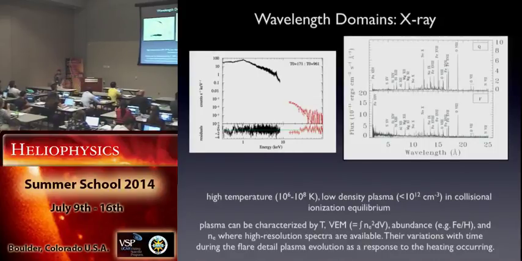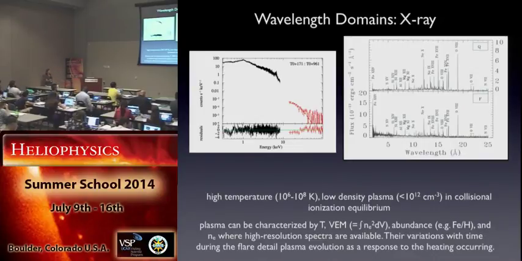In the X-ray, we see evidence during flares for very high temperature plasma that ranges from 10 to the 6, millions of degrees, to 100 million degrees. Relatively low density plasma that's described by a plasma that's in collisional ionization equilibrium.